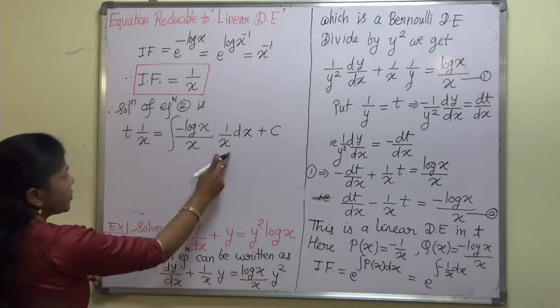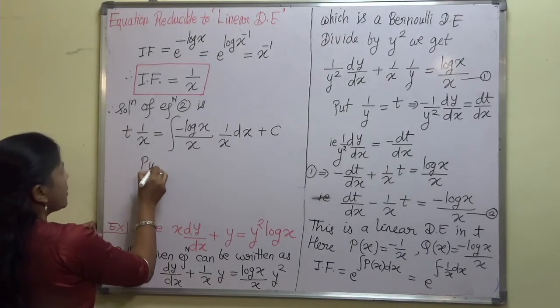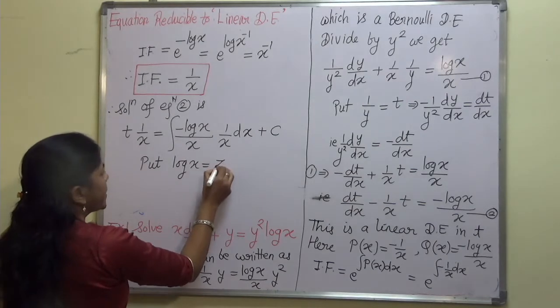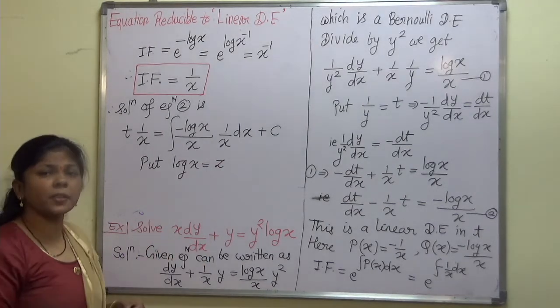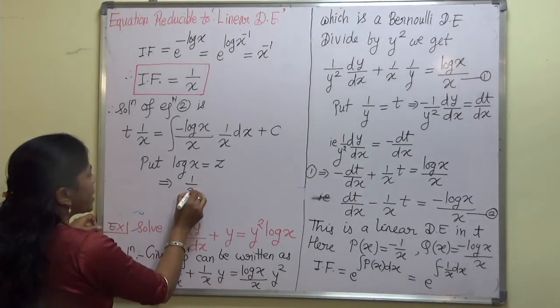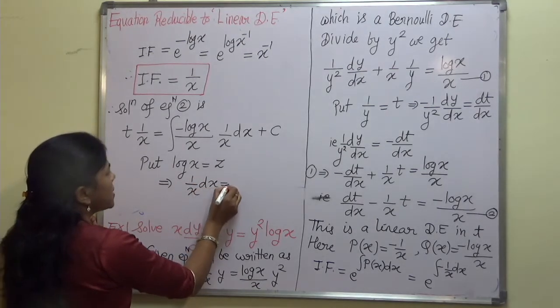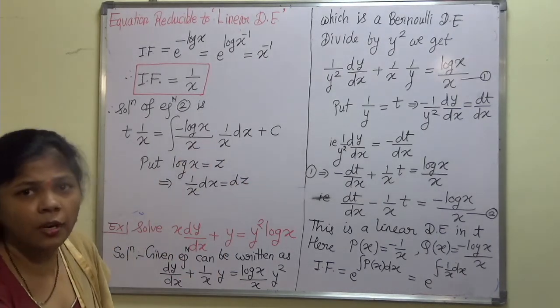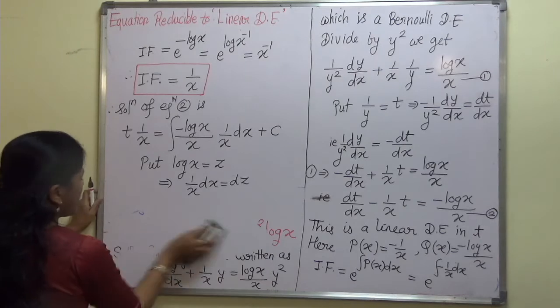Now, how to simplify this integration? We will take log x equal to, say, z, making use of substitution. So log x is z, differentiate, so 1 by x dx is dz. Put this in this equation.